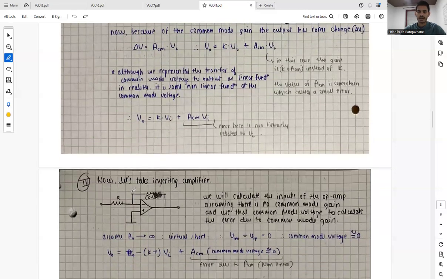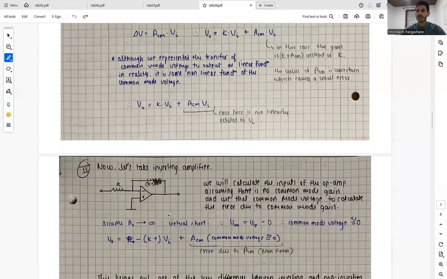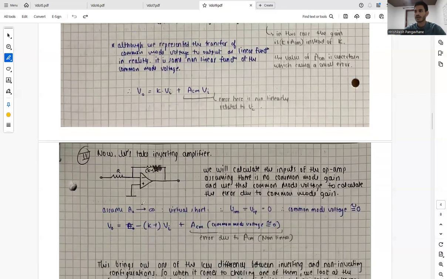So now let's take an inverting configuration in which we will calculate the inputs of the op-amp assuming there is no common mode gain, and use that common mode voltage to calculate the error due to the common mode gain. So we assume that the DC gain is infinity, and thus there is a virtual short between the inputs, and VIM equals VIP equals ground, which is 0.